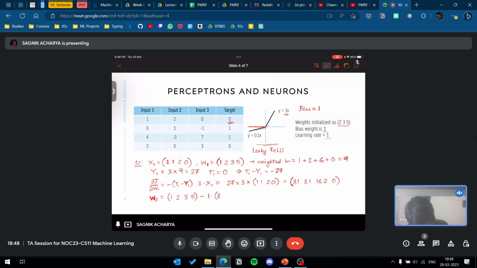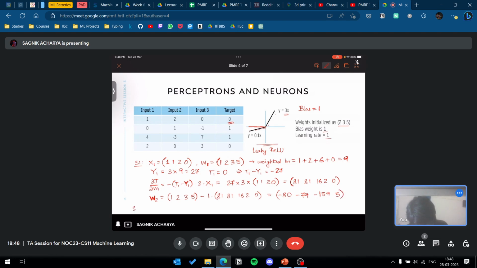So that is equal to 81, 81, 162 and 0, right? So this will become minus 80, minus 79, minus 159, and that will remain as 5, right? So this is w2 now.